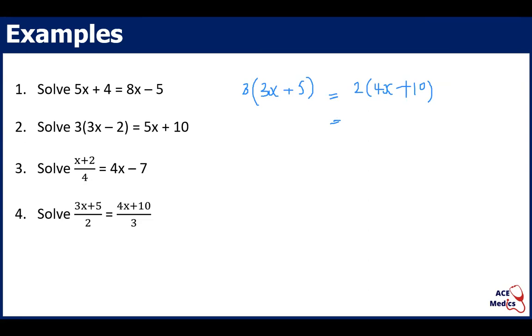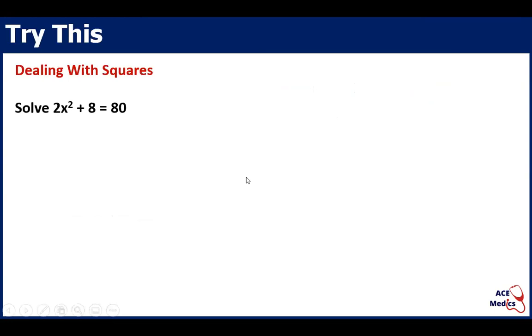Okay, now, sometimes we get ones where we need to deal with square numbers. So, dealing with squares. This time we need to solve this equation to find what x is. We're going to do exactly the same kind of thing. We need to get x by itself, so start with what we can.